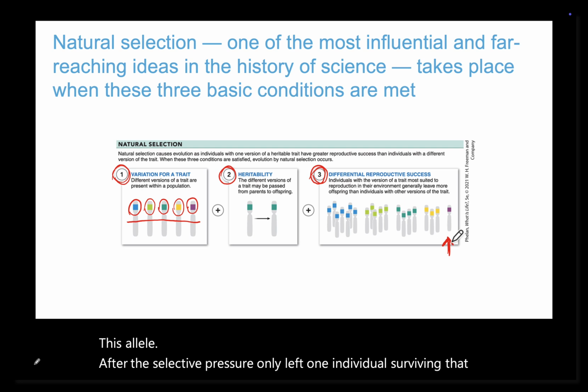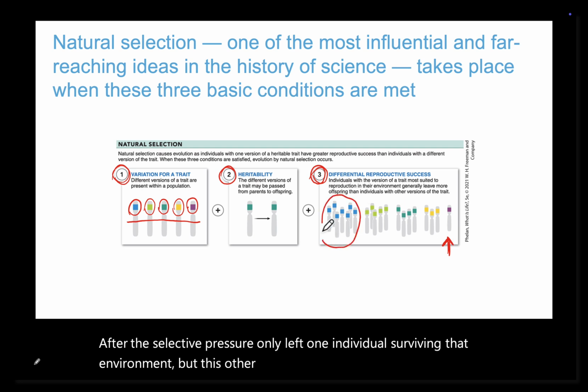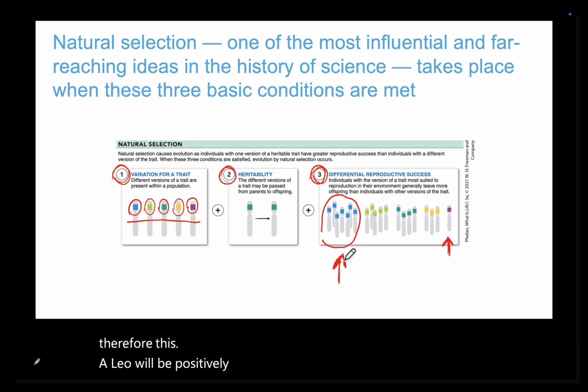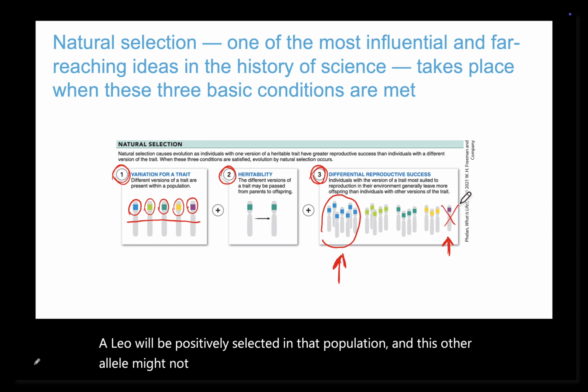But this other allele, look, left more individuals. Therefore, this allele will be positively selected in that population. And this other allele might not exist after some generations. Okay?